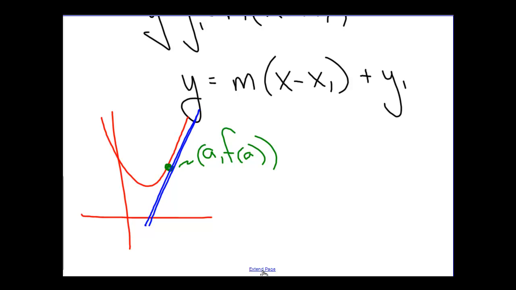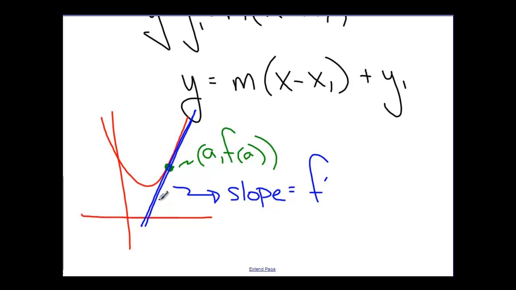So something that looks like this. So what do we need to know? To come up with the tangent line, we have to know what the derivative is. The slope of this line is simply going to be the derivative at that point, at that x value, x equals a.